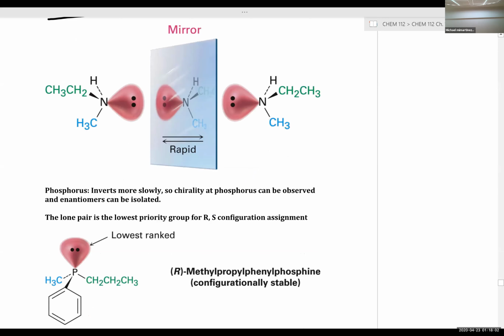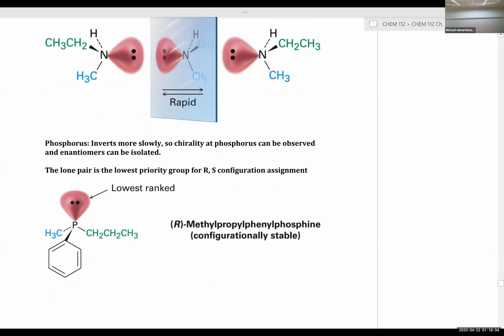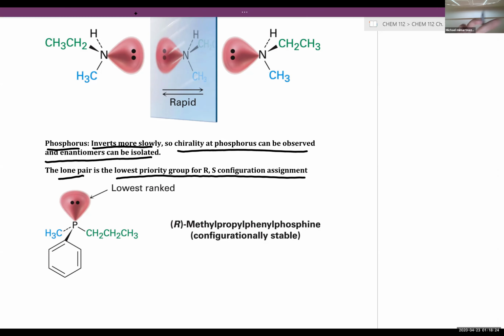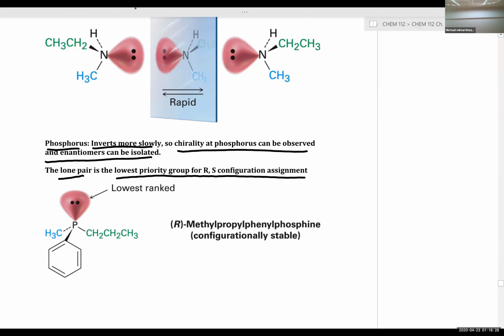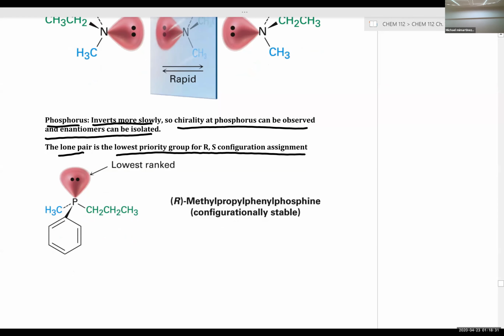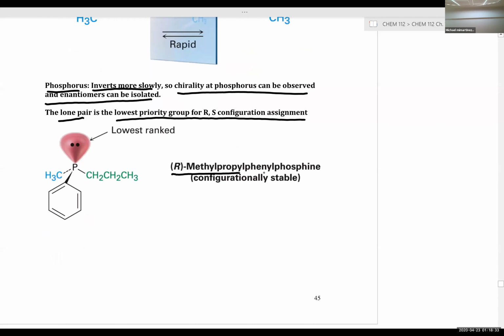Now, nitrogen's larger, bulkier cousin, phosphorus, inverts more slowly. So chirality at phosphorus can be observed, and we can even isolate enantiomers. So just as a side note, the lone pair is the lowest priority group for a configuration assignment. It's even lower than hydrogen. So if we think about the following compound, this would be R-methylpropylphenylphosphine, and it's configurationally stable.